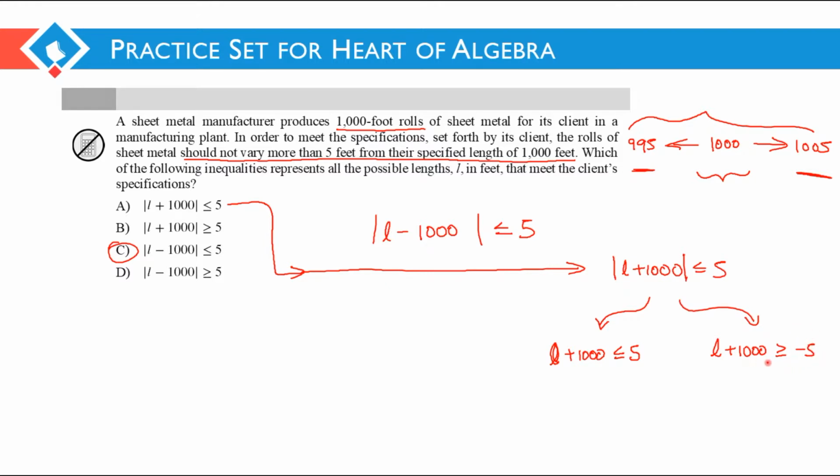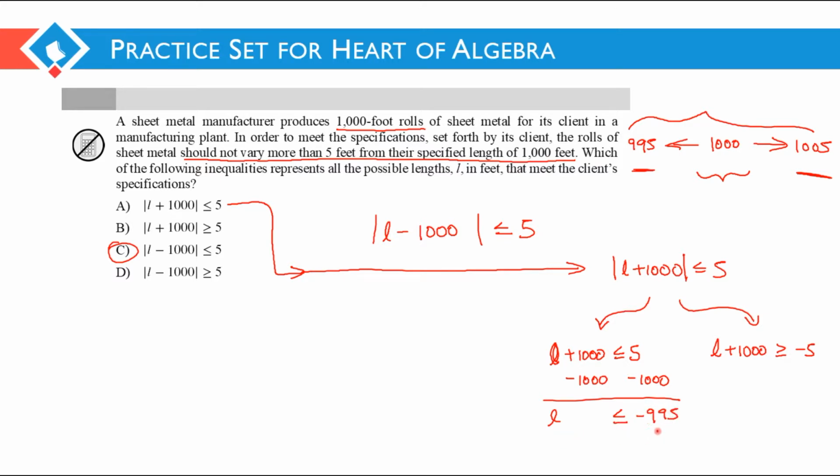So it can be greater than or equal to negative 5 or less than or equal to positive 5. And now it's just a matter of subtracting 1,000 from both sides. Subtract 1,000 from here, and when you total this out, L is less than or equal to 5 minus 1,000, which is negative 995.